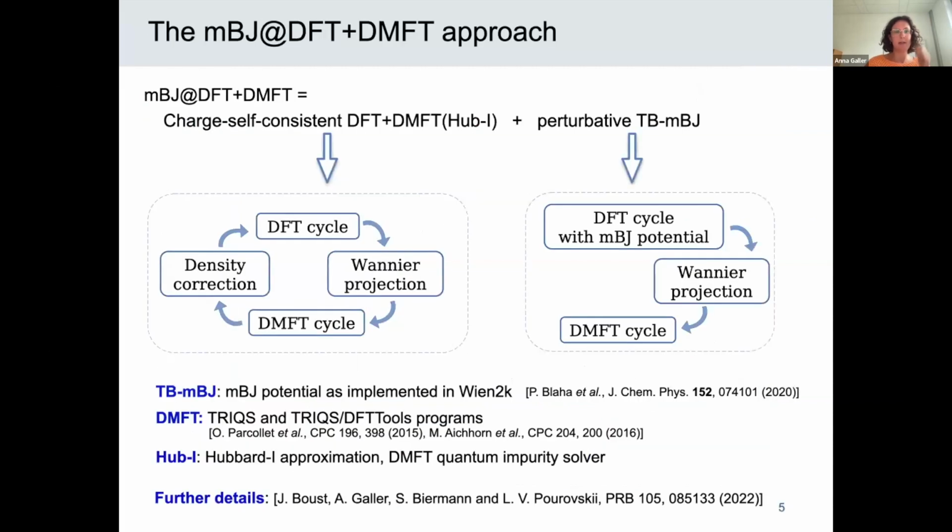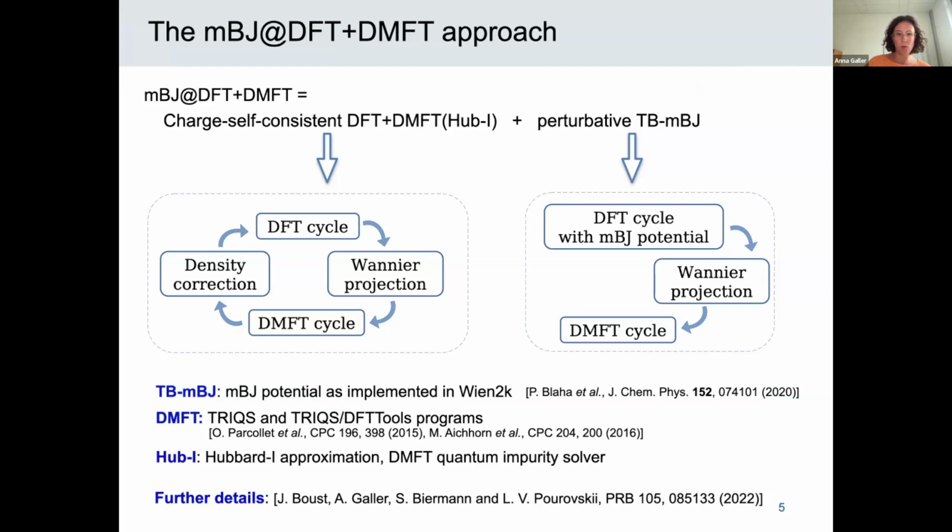Yeah, and here on this slide, you have a short overview of this computational approach, which we developed to address the electronic structure of these rare earth semiconductors. So it's called MBJ at DFT plus DMFT. It's essentially a DFT plus DMFT approach where I use the MBJ potential in DFT.